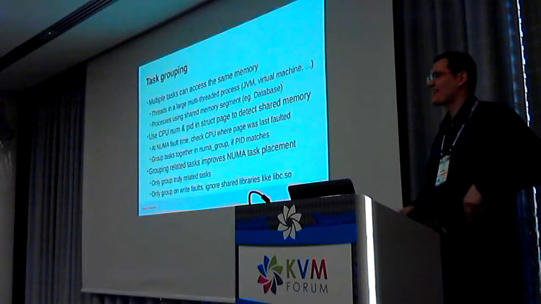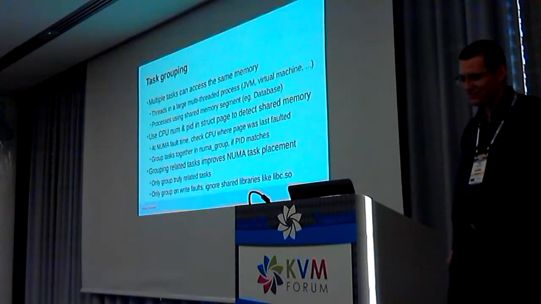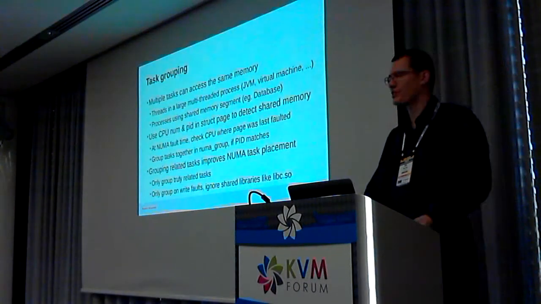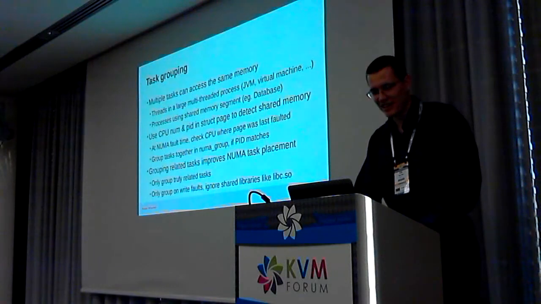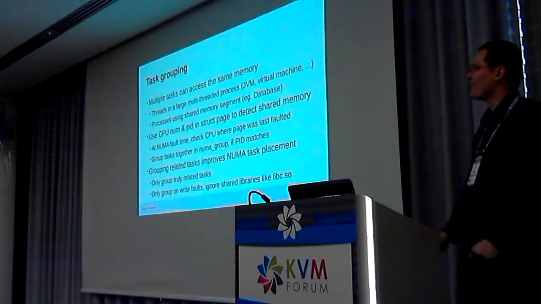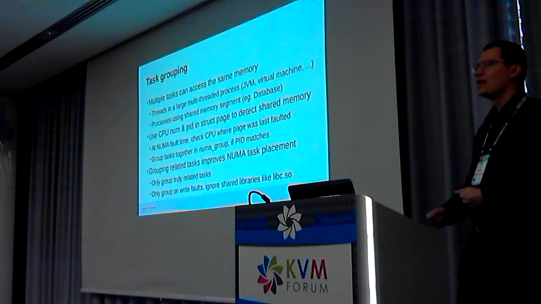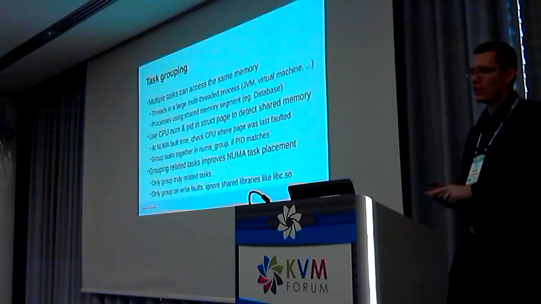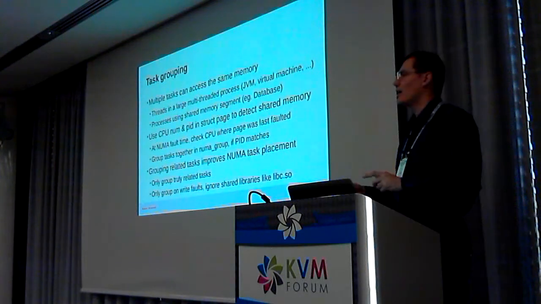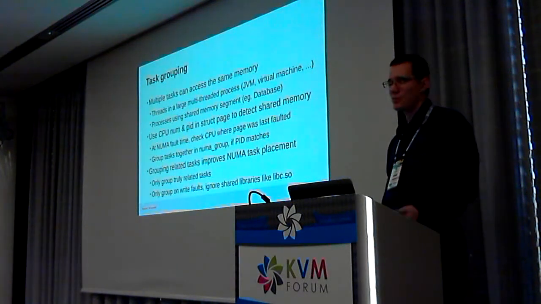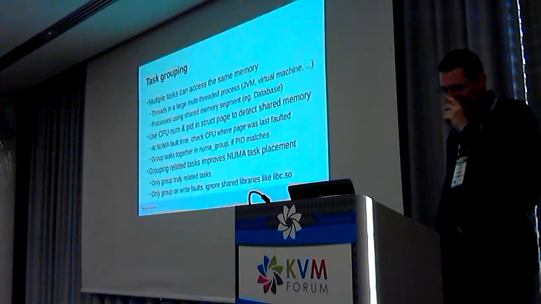Multiple tasks can access the same memory. Looking at a large multi-threaded process or a database, we have some magic in the page fault tracking code. We store the CPU number and the low bits of the process ID in the struct page.